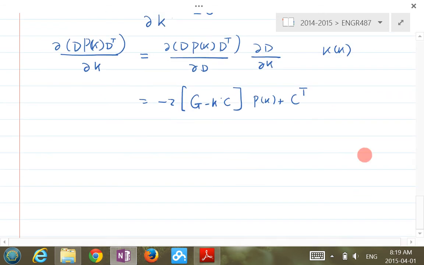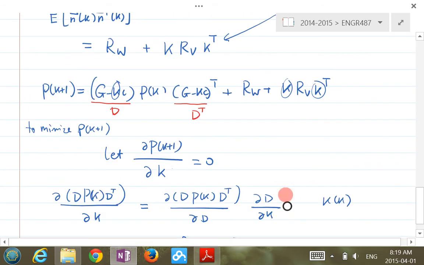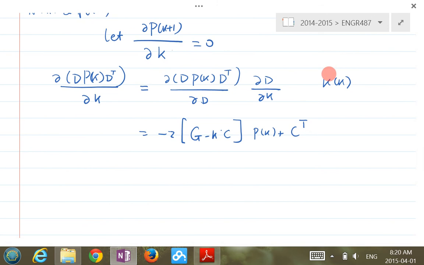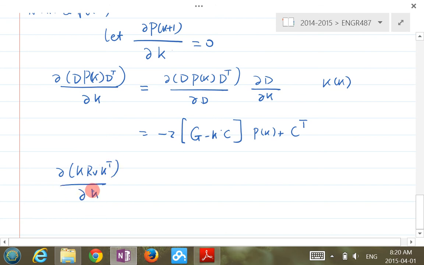That's that term. For the last two terms, this is constant with respect to k, so it's gone. The last term's partial derivative with respect to k is easy: k R V k transpose over k is just 2 k R V.